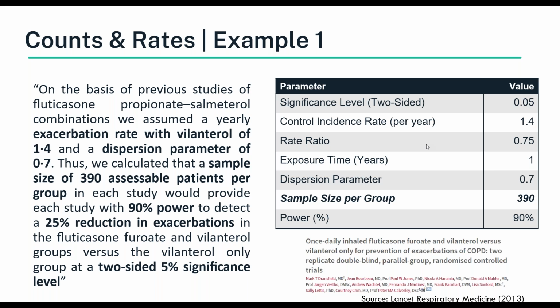The researchers used a negative binomial model to account for this dispersion, and they found that they would require 390 subjects per group in order to achieve 90% power.